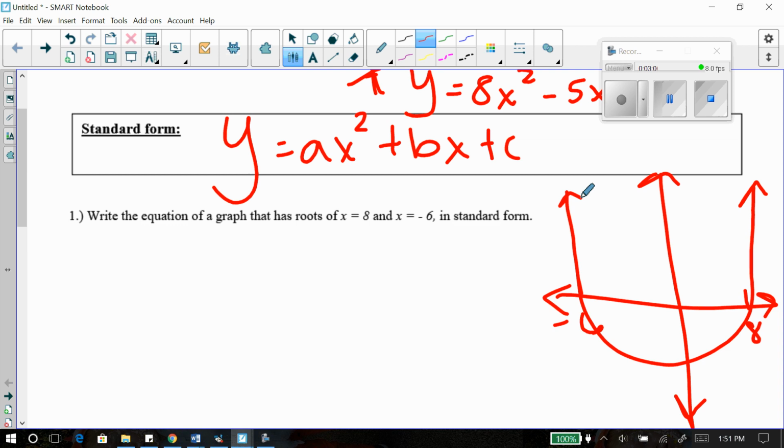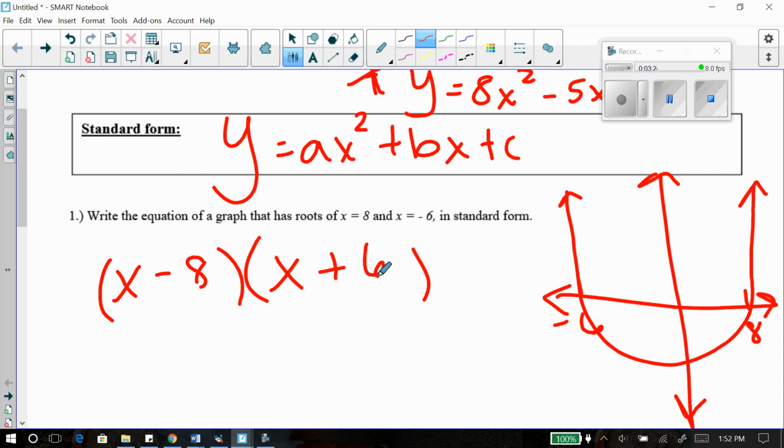Okay, so we got something in our parentheses that when we did our T-chart, we got x equals 8 and x equals negative 6. Now, the nice thing here is you just do opposite signs. So if x equals 8, your parentheses will be x minus 8. And here, if it was x equals negative 6, your parentheses is x plus 6.